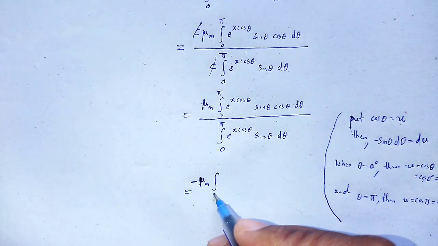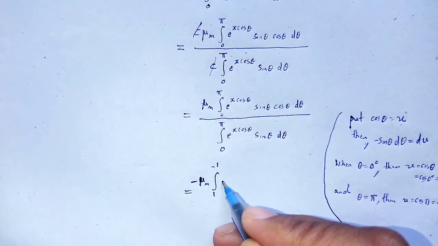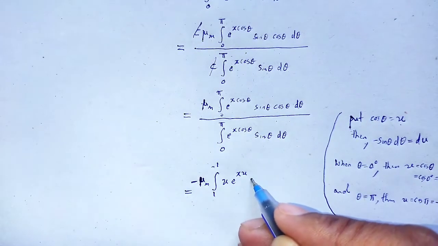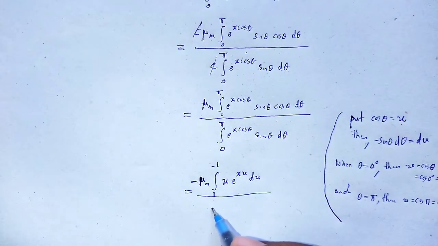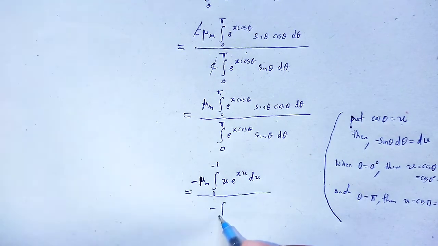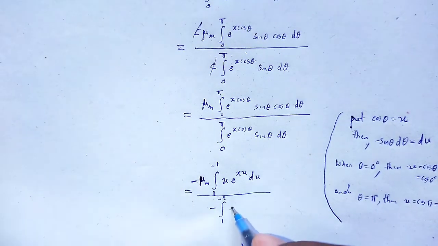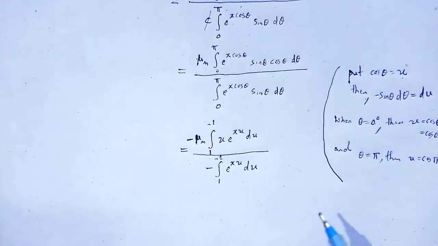So we have minus integration from 1 to minus 1 of u e to the power x u du, divided by minus integration over 1 to minus 1 of e to the power x u du.